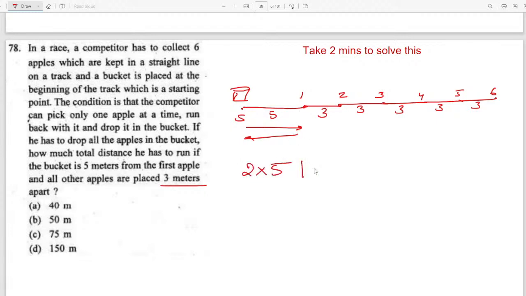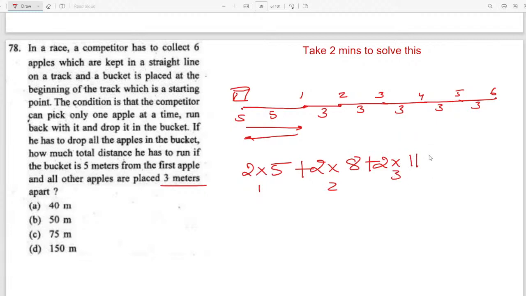And for the second apple, the distance he has to travel again is 5 plus 3, 8, and again 8. That is 2 into 8. And then for the third apple, this is the first apple, this is the second apple, the third apple is 5 plus 3 plus 3, 8 plus 3 is 11, 2 into 11.